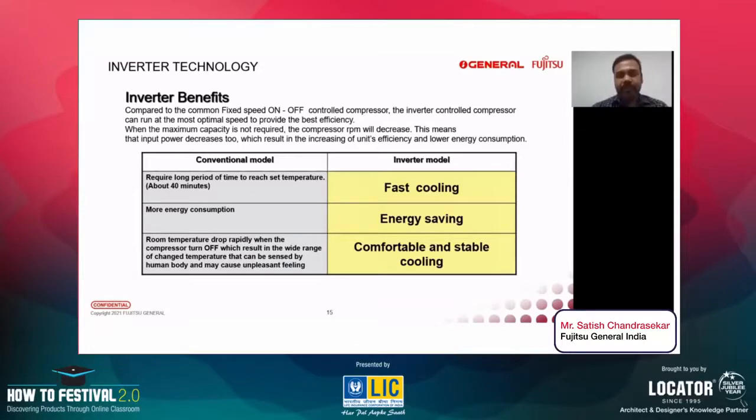What it will do is reduce the cooling so as to maintain the temperature at the same level. So it will not allow the temperature to fluctuate up and down, but rather it will maintain the temperature within a range of 0.5 degrees up and down. Whereas a normal air conditioner has a fluctuation of 1.5 degrees, up and down, up and down. An inverter will have it at a steady state.